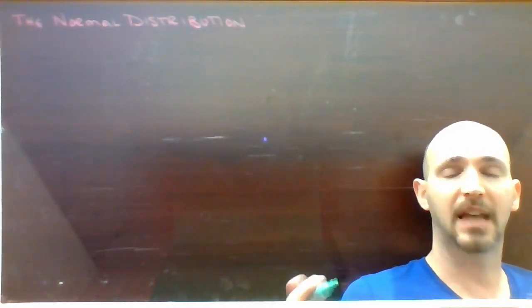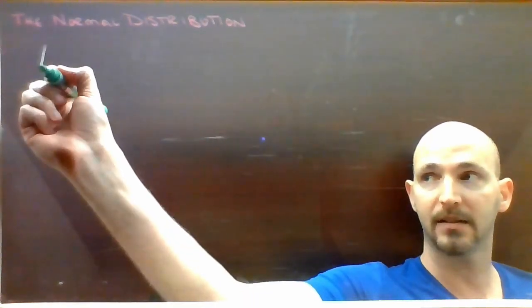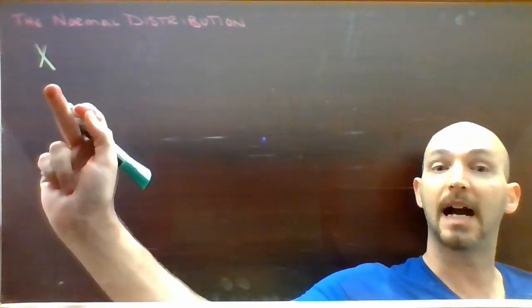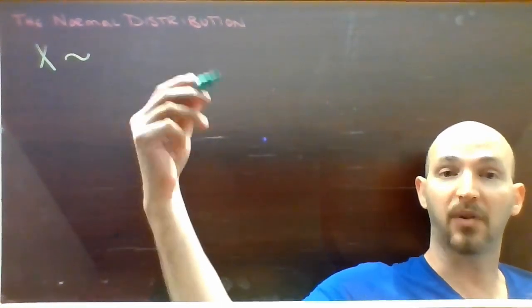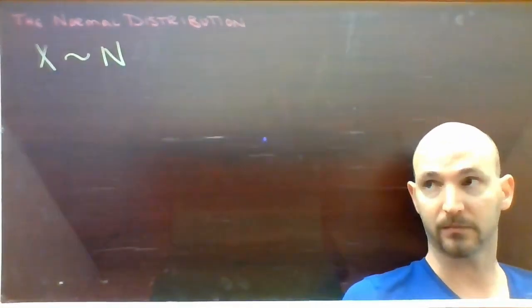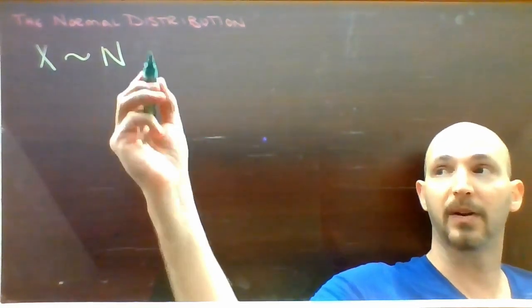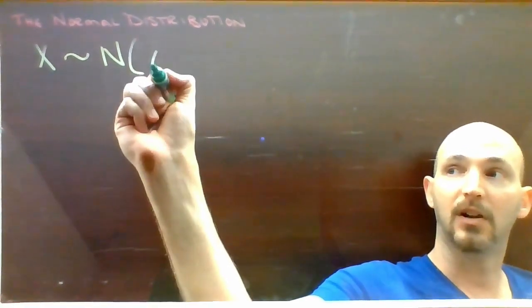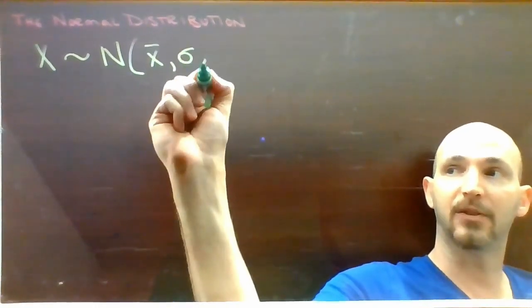So if I want to tell you that a particular feature is normally distributed, I would say X, meaning the data in question, follows or can be approximated by a normal distribution. Now once I've done that, the two pieces of information I need to have are the average value and then the standard deviation.